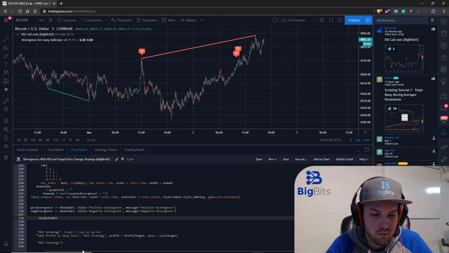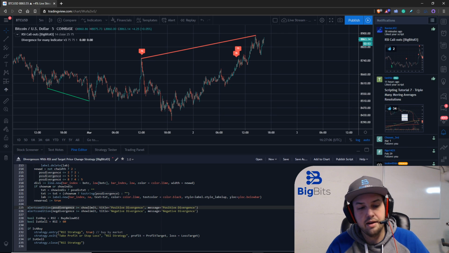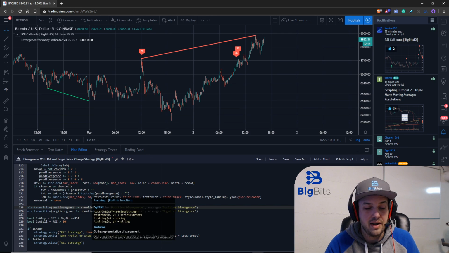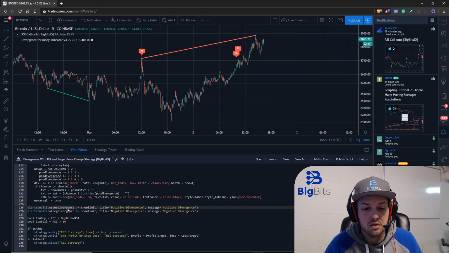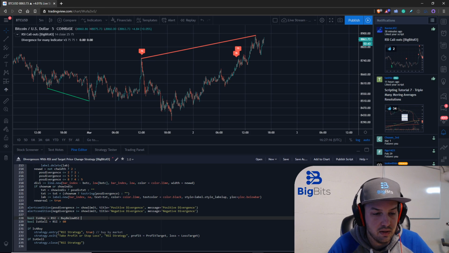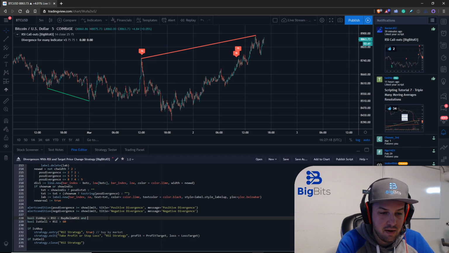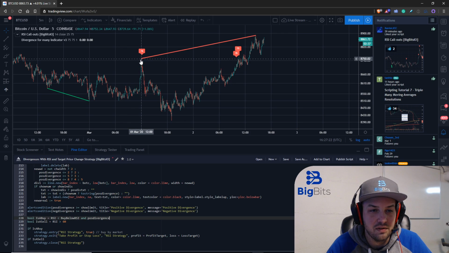All right, so I already mentioned we want our RSI to be below a certain number here. And the indicator that we've taken this from already has a value set up to tell you if you're in a positive divergence. So we're going to copy this, and I hope they don't have their wording backwards on that by saying a positive divergence is the green lines instead of where the price goes up.